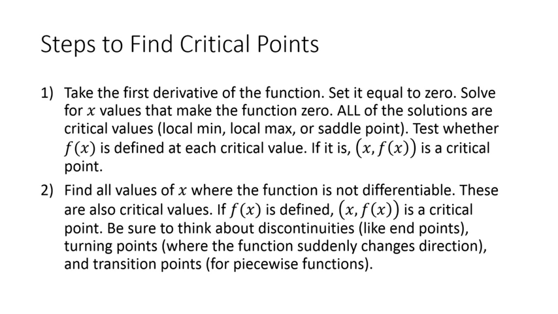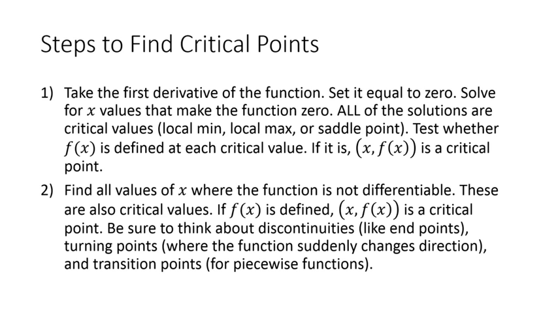Remember that for piecewise functions, if the function is continuous at the point and the first derivative is consistent on either side, you can have a differentiable point between two parts of a piecewise function, and that would not be a critical point if the derivative exists.